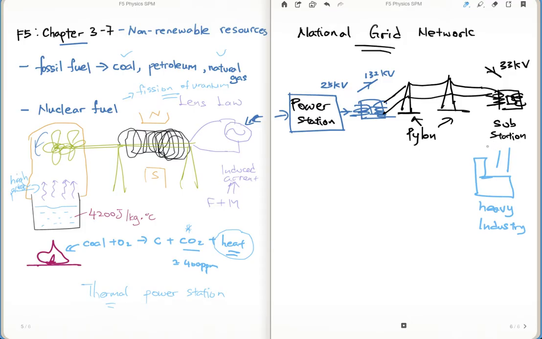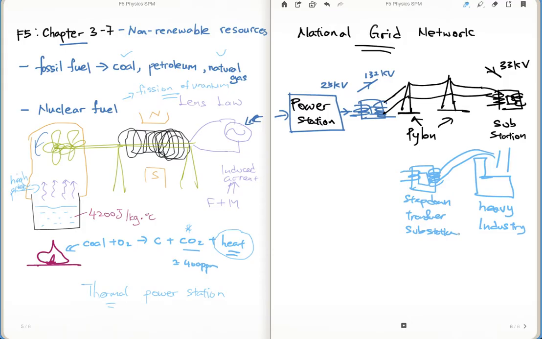Then it would also be further stepped down. Okay, this line will also be stepped down. You can step it down easily using a step down transformer, meaning you have lots of coil input, less coil output. So you have a step down transformer in another substation.